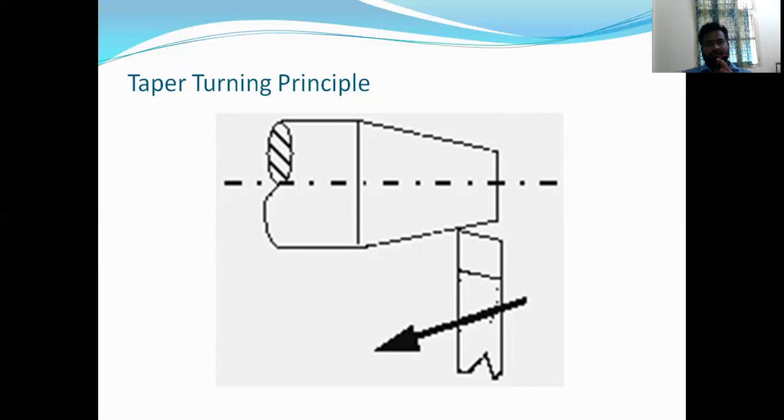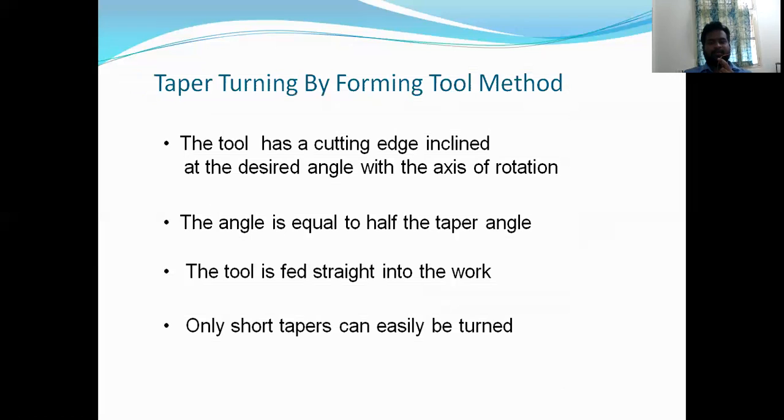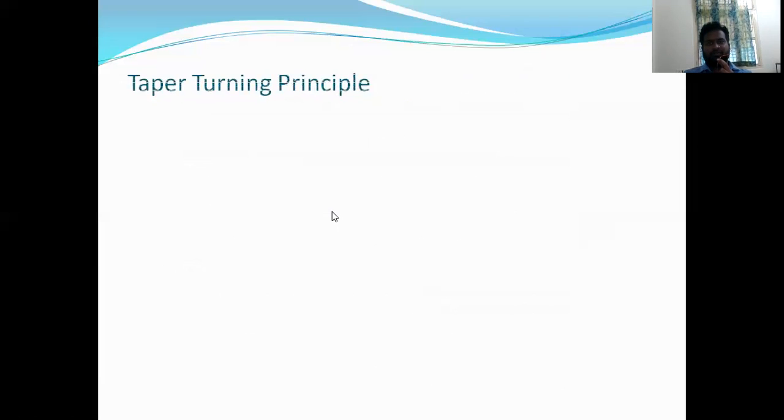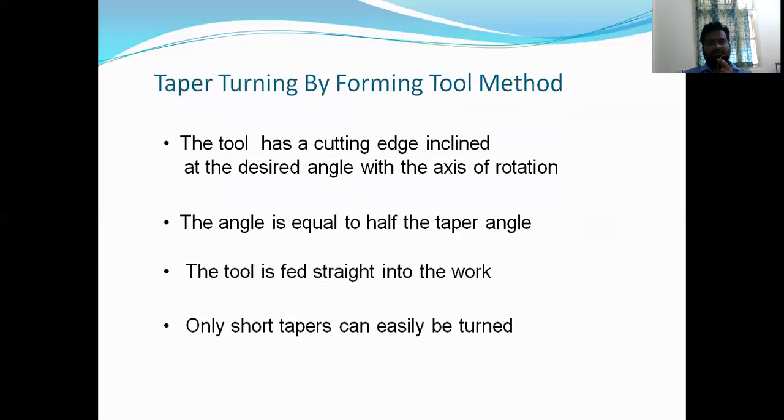So this is also taper turning principle by compound rest method. Before discussing the compound rest method, let us recall the forming tool method. In this forming tool, the tool has an inclination, which is the desired taper shape on the workpiece.